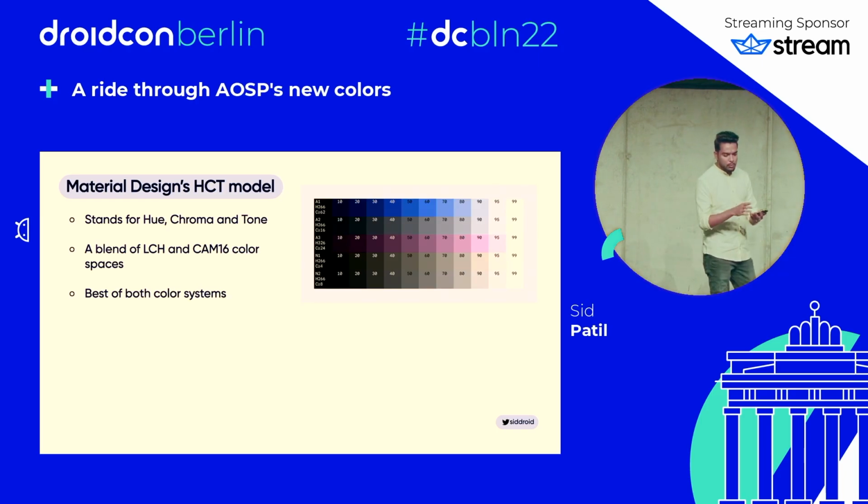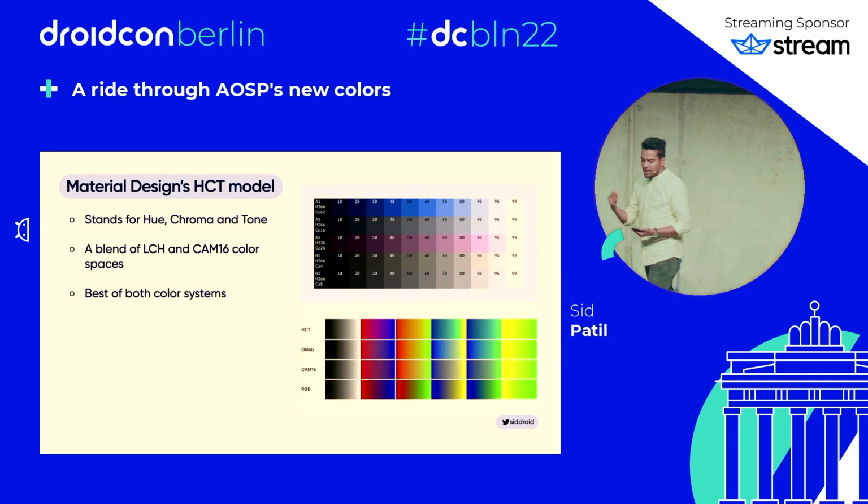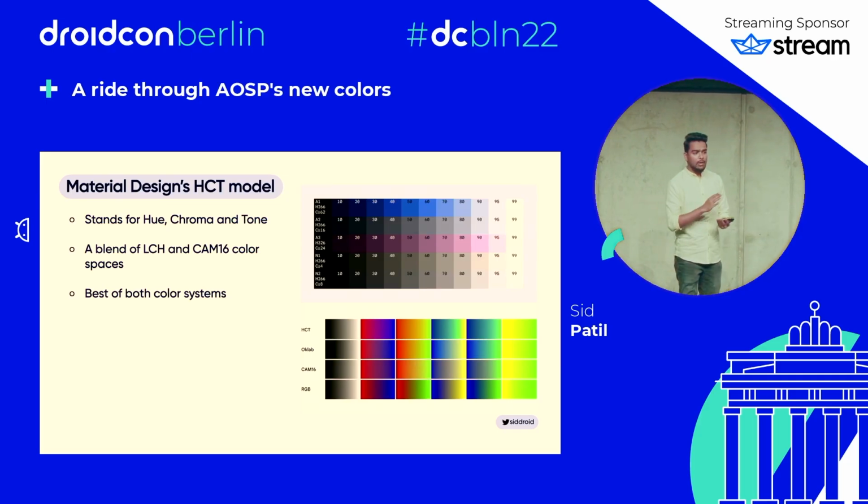So we play around with these values and use appropriate, most effective techniques from different color spaces. And here is a representation of HCT versus some of the color spaces. If you see, the RGB model here represents maybe red and green more effectively, but the HCT model has much more representation of color. So that's how it works.